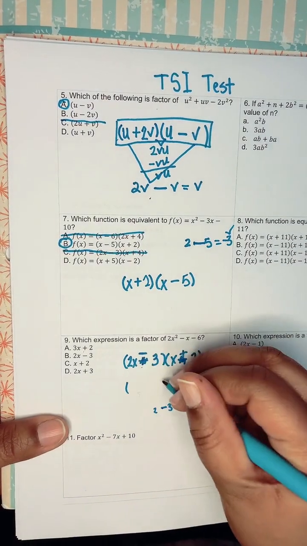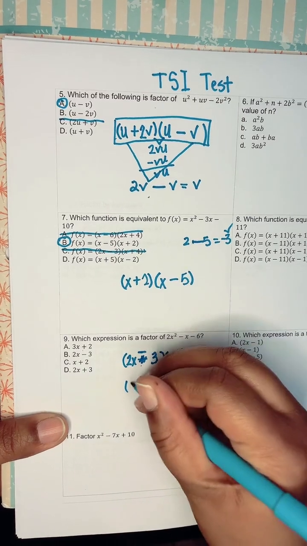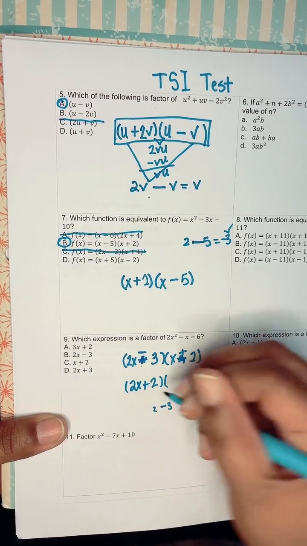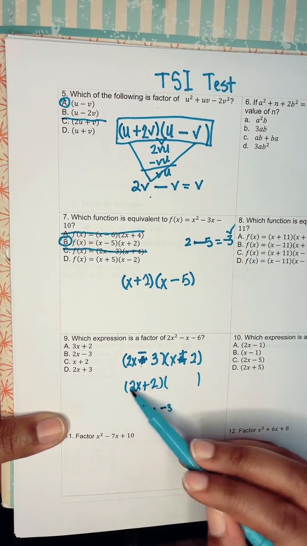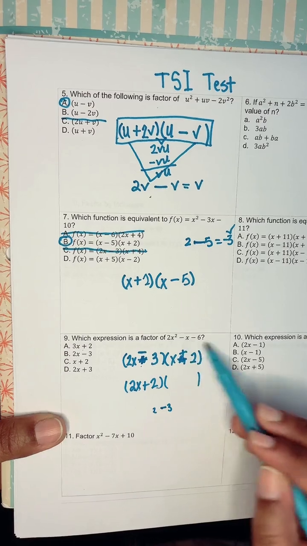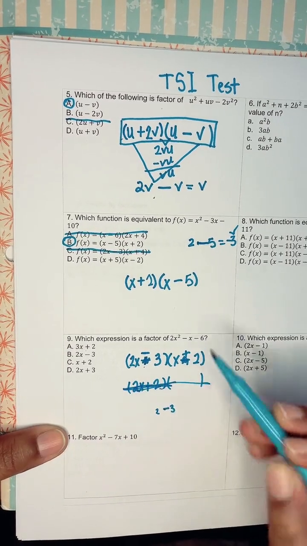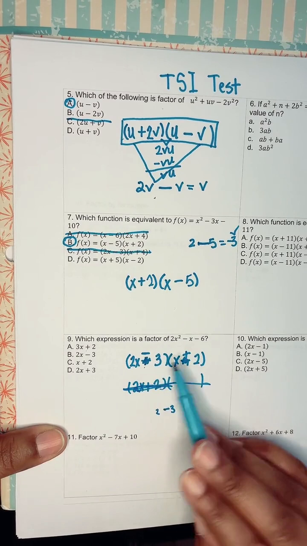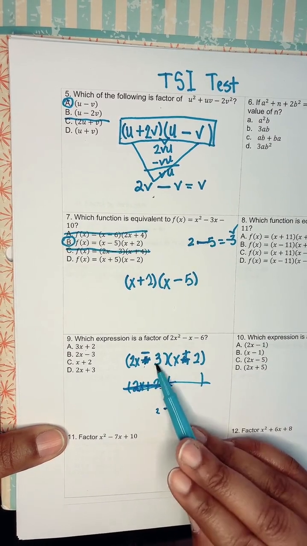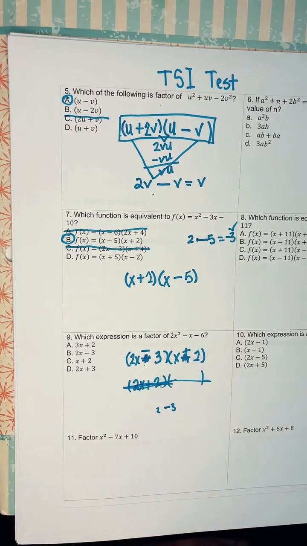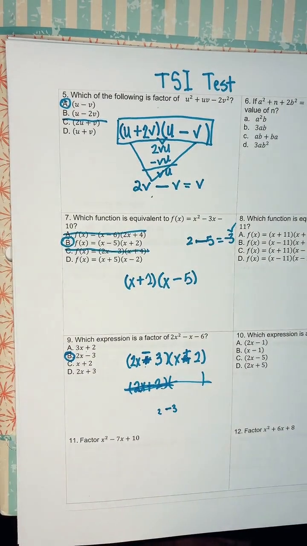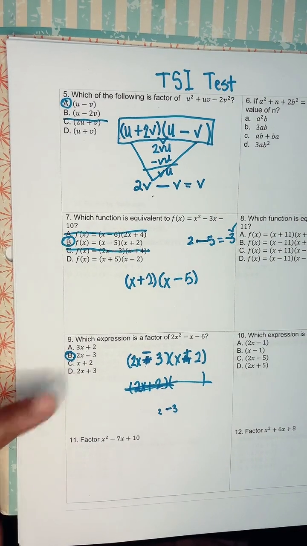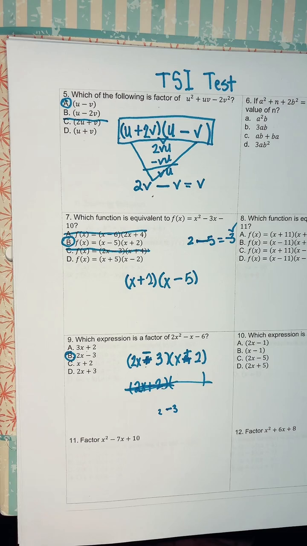Because if I had this, they still would have something in common that I could pull out. Then that would mean I would have a GCF. But up here, I never had nothing. So when that happens, you have to just flip your signs, and then it will work. Put 3 and the 2. And so B is our answer. Oh, whoa. Because we got an x plus 2 as well. Something ain't looking right, y'all.